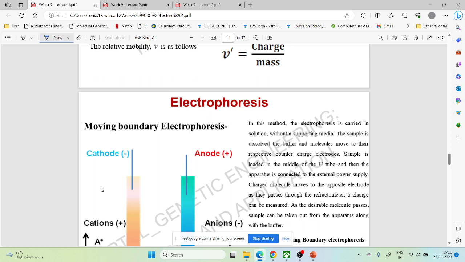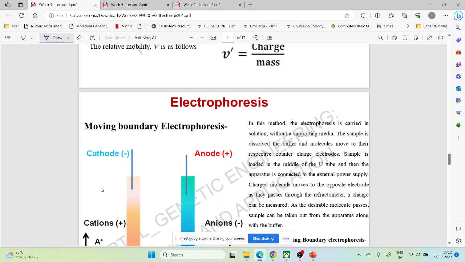Depending upon which chromatographic technique we are using, whether ion exchange, affinity, or gel filtration, it will either stick to the matrix or go through it. That was the main objective: our mixture of proteins was mixed in the buffer.